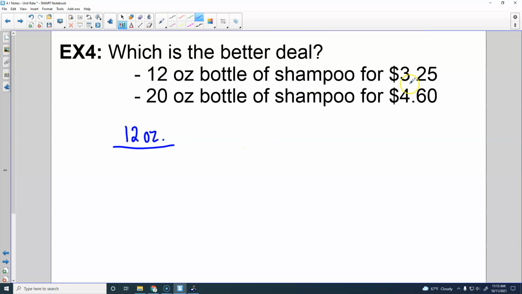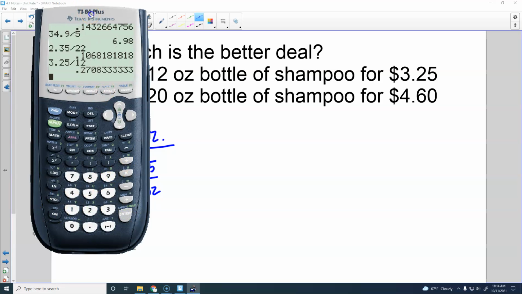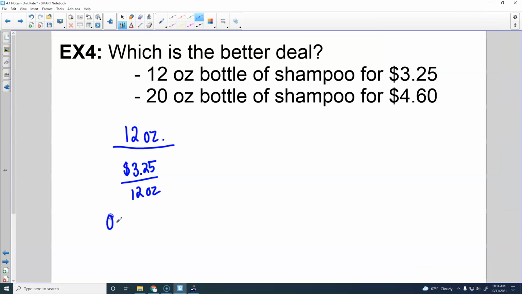So if I want to know the price per ounce here for my 12-ounce bottle, I'm going to take $3.25 and divide it by 12 ounces. Oh, wait. That's 3.25 divided by 12 ounces. All right, so I get 0.27083. I'm going to keep a lot of those decimal places. Keep all of them, actually. 0.27083, and that 3 keeps repeating.